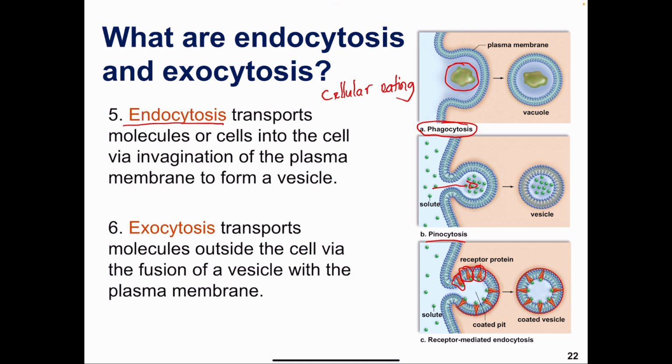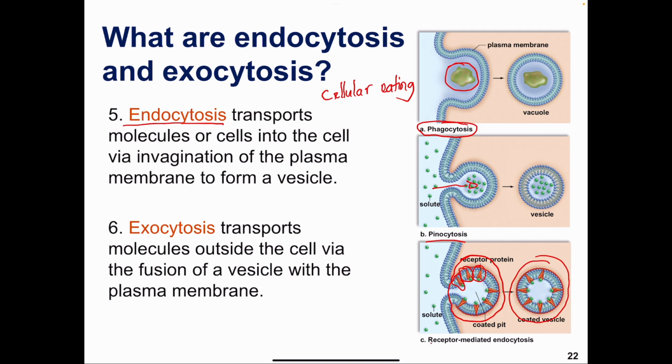When chemicals need to be brought in, this chemical will have to attach to a receptor. When a certain number of receptors have chemicals attached to them, there is a threshold by which some invagination is triggered so that you have a vesicle that is formed. That vesicle is formed because of these receptors and the cargo to bring in.